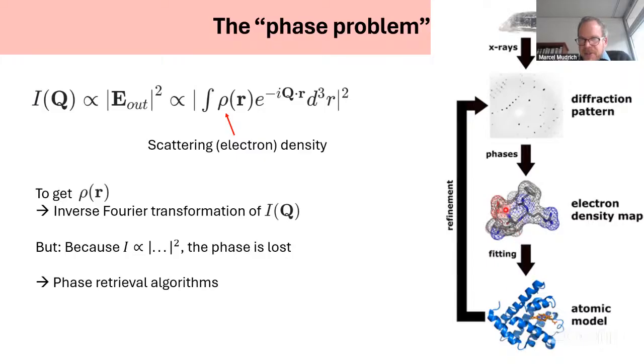From that we calculate the diffraction pattern, compare with the measured one, and see that it doesn't perfectly match. Then, by some nonlinear fitting or optimization algorithm, we readjust the density distribution to make the agreement between the calculated and measured diffraction patterns better and better by going around the loop.